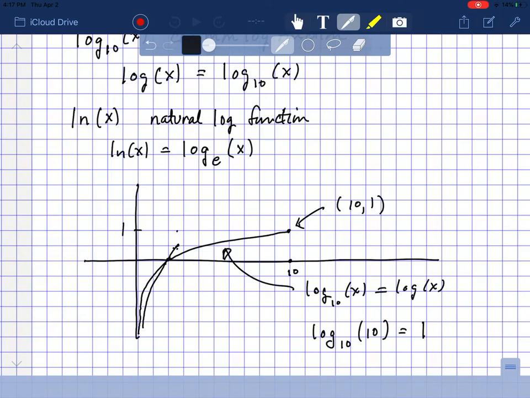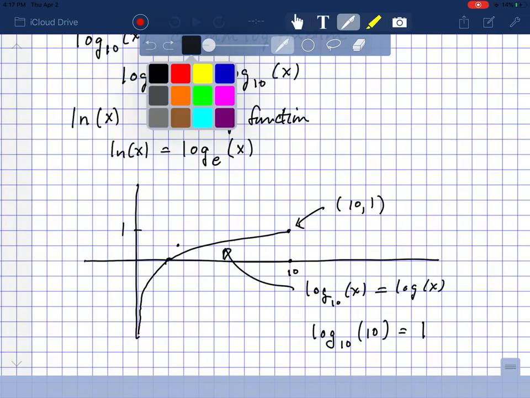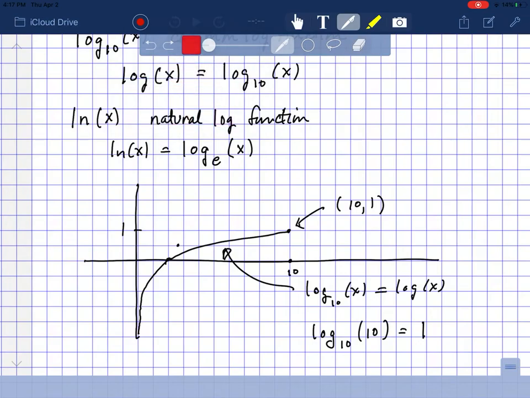Oh, I'm sorry. 1 is up here. Let's see if I can get rid of that line or not. Yeah, I can. I'm going to change the color here. So the number e, 1, 2, the number e is, say, right about there. That's the number e. And if I take the log of e, I get 1. So my point should be here.